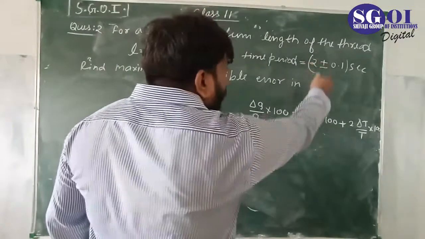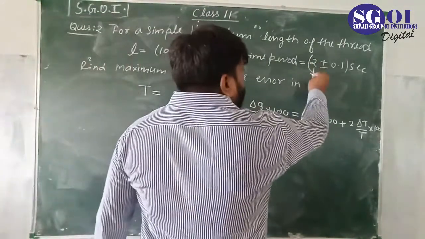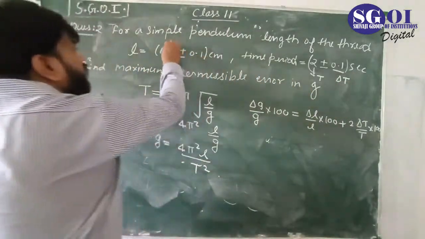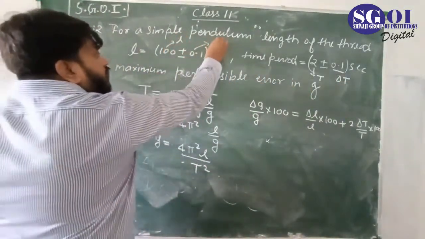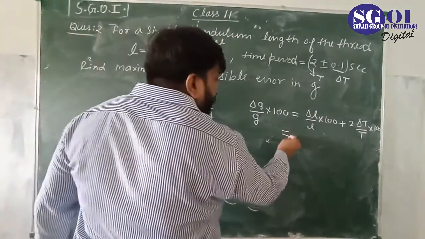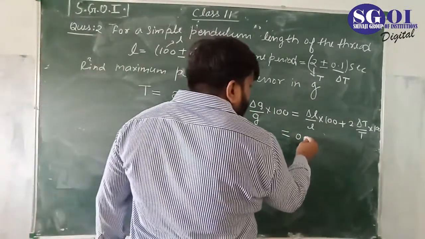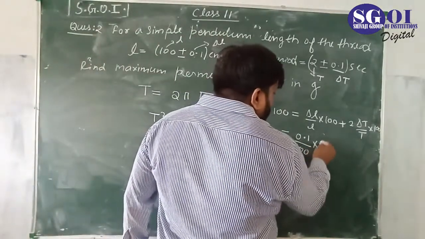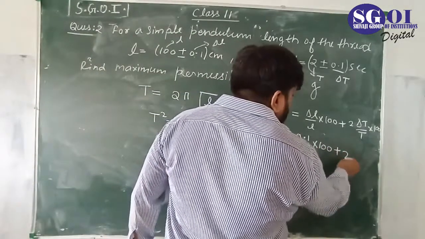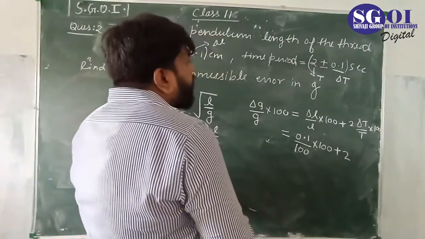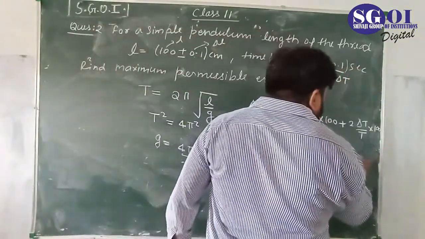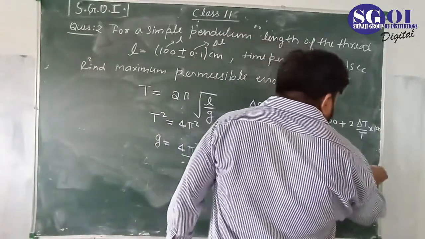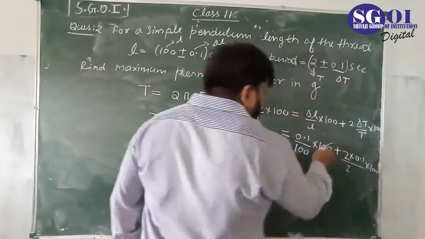Now put the values which we have been given. This value is capital T, this value is delta T, this value is L, and this value is delta L. Just put it here. Delta L is 0.1 upon L is 100 into 100, plus 2 delta T, delta T is 0.1 upon T is 2, into 100. 100 and 100 cancel.